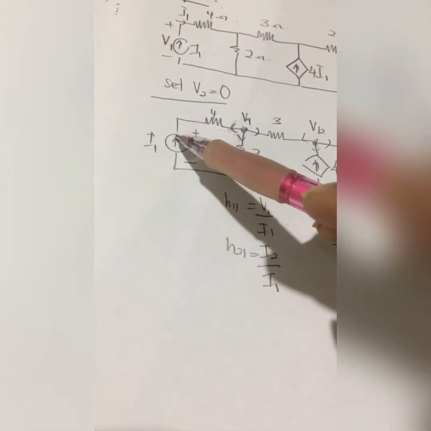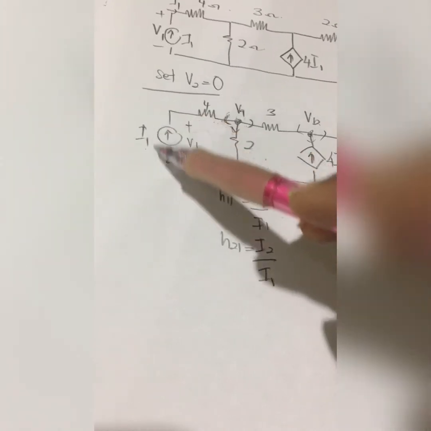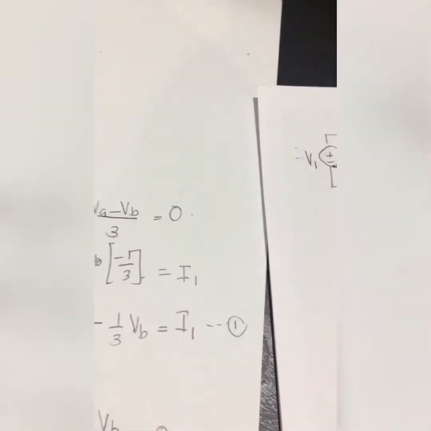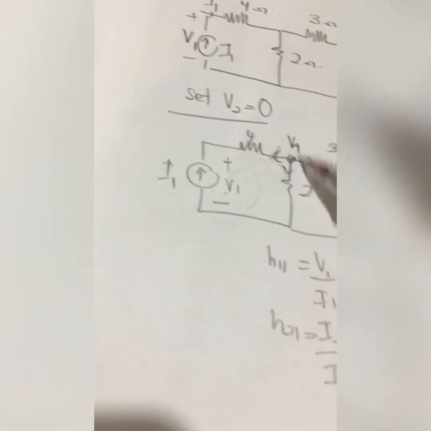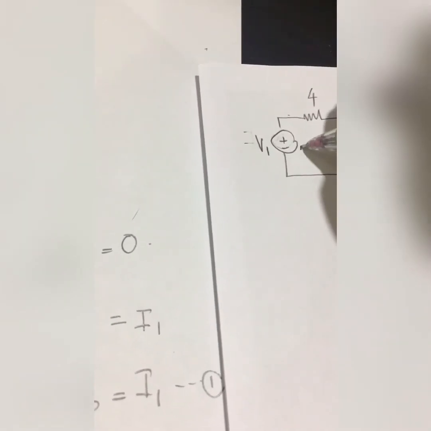Okay, so actually V1 is the voltage measured at this source, so we can remove this current source and replace it with V1 here, and then we have 4 and VA. It's actually this part. So we know that the current flowing in this loop is I1, which is from the source.